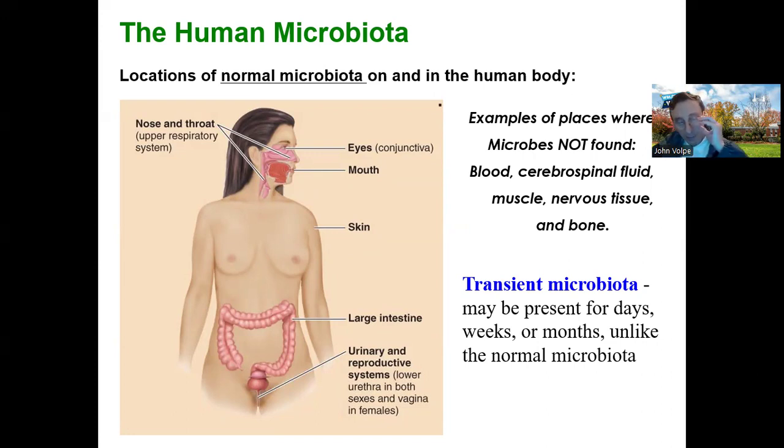And I should say it's never been studied in males in the bladder, but certainly the kidneys and the ureter do not normally have normal microbiota. Obviously, the urethra does. Places where microbes are not found include internal to the body, such as the blood, the cerebrospinal fluid, the muscles, the nervous tissue, and the bone.